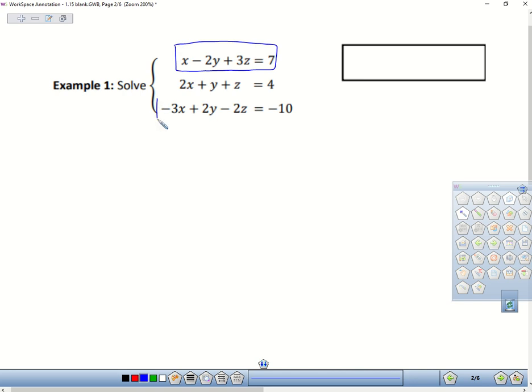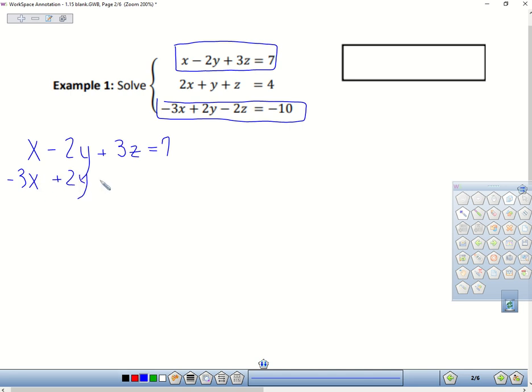So if you look at your first and third equations, if you were to add these together without doing any scalar multiplication, you would already cancel out a variable, right? So let's go ahead and do that first. I'm just lining these up in terms of like terms, and I'm going to be adding these two together.